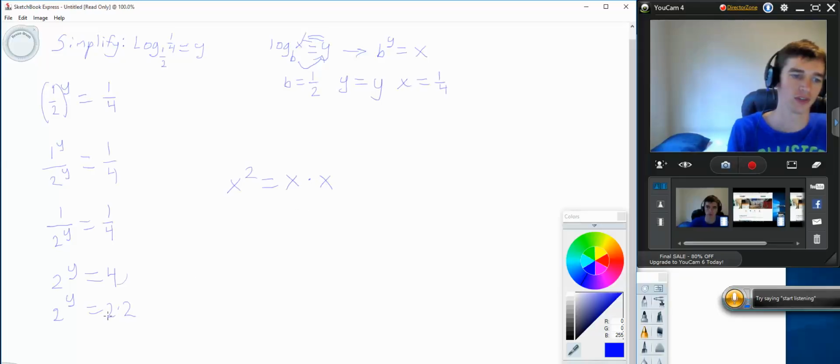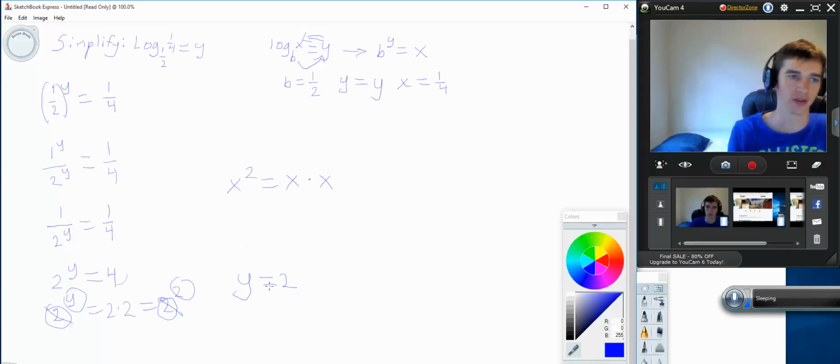So this is 2 times itself, which is the equivalent of 2 squared. Now that you see the bases on these exponents are the same, you can just set these powers equal to each other. So y equals 2.